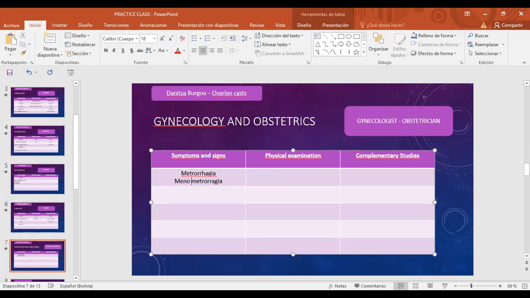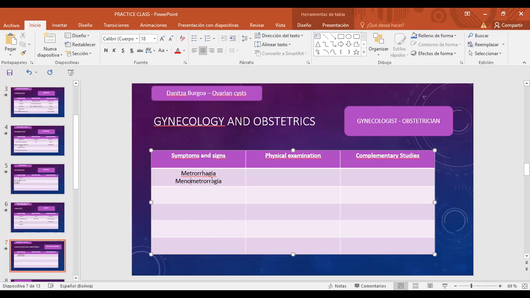Okay, so the word above the last one that I wrote refers to irregular cycles, right? And when you put them together, it means irregular cycles and a lot of bleeding. Yes, there's a lot of bleeding, and the cycles are irregular.